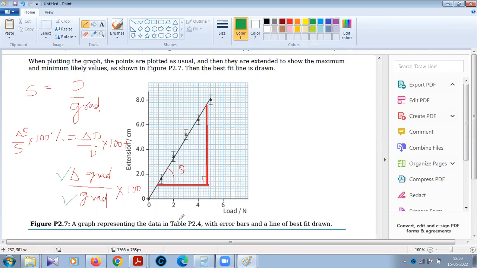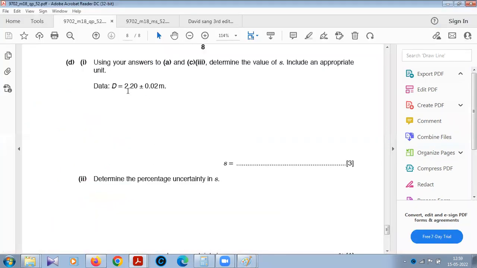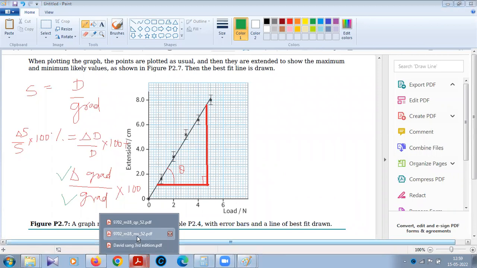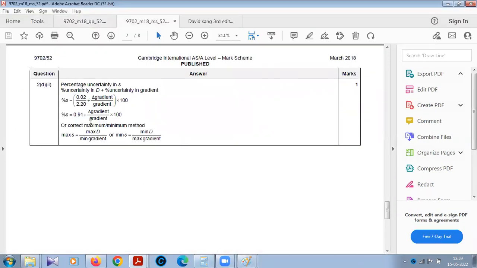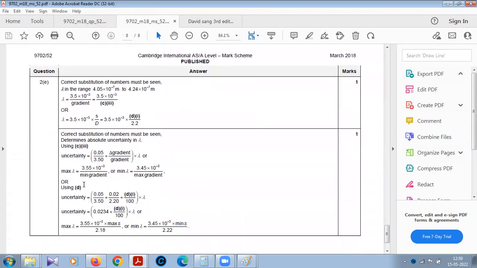D is given, 2.20 plus minus 0.02, and this is delta D. So 0.02 upon 2.20 times 100, plus the gradient term, and we will solve it and get the answer, like 0.9%.